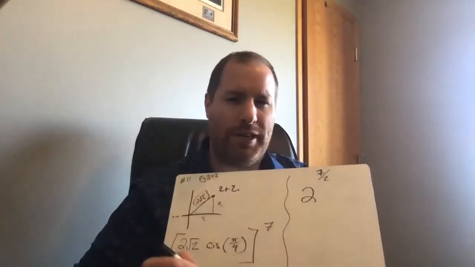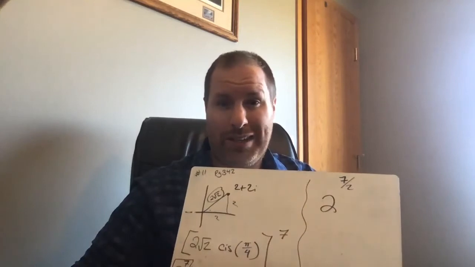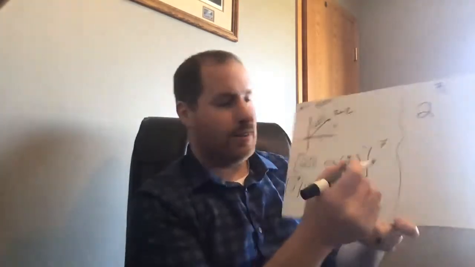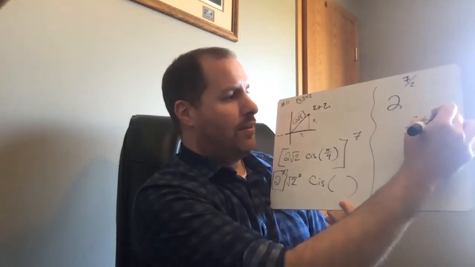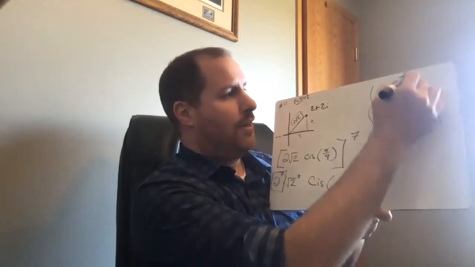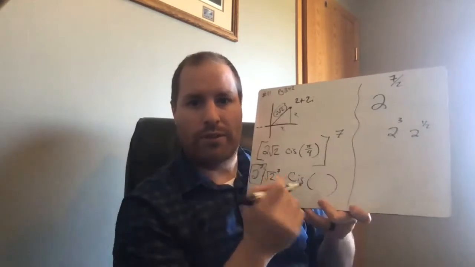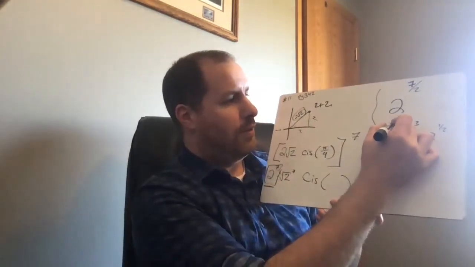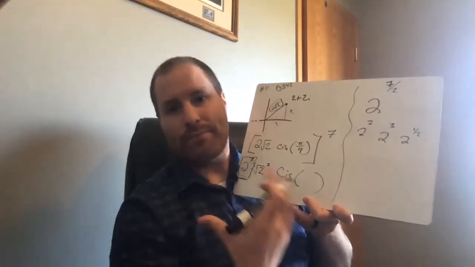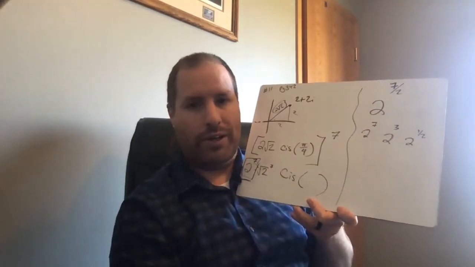And then I know 7 divided by 2 is technically 3.5. So really this I can simplify to be 2 to the 3rd and another half power. 3.5 is the same as 7 over 2. And then I can bring in this spare 2 to the 7th power left there. And so we can go ahead and put that one in there.